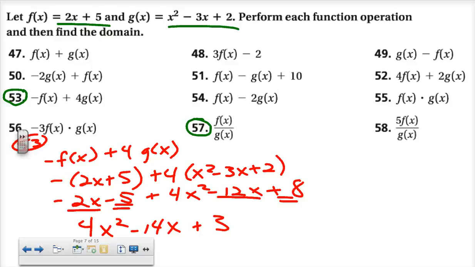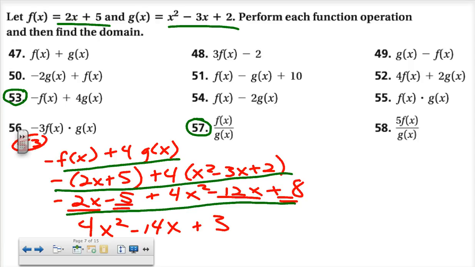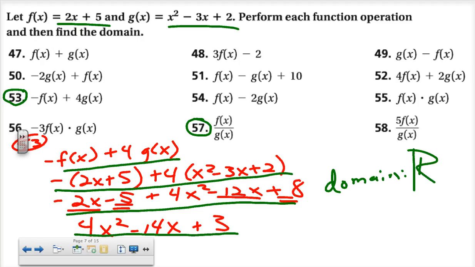And then I look through each step as I've worked through this problem just to see, while we were doing the problem, if at any point we introduced division or any even roots. And the realization is, no, we didn't do any of that. So the domain for this function is going to be all real numbers. We did nothing there to introduce any restrictions on the domain.